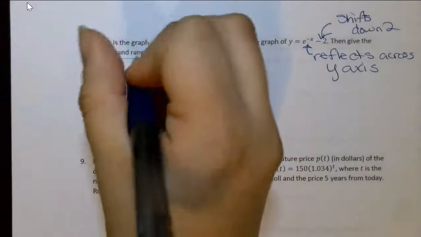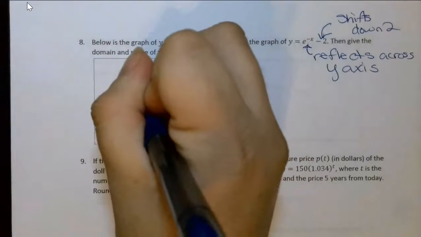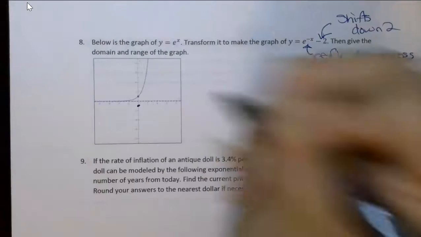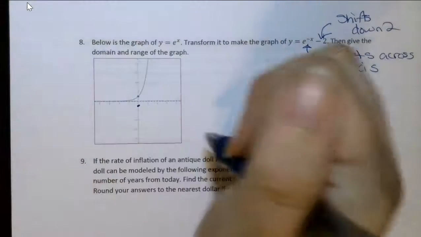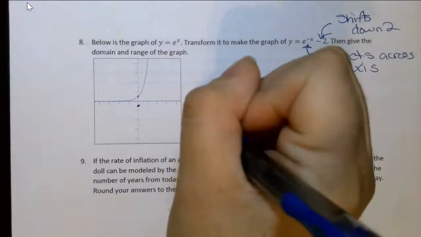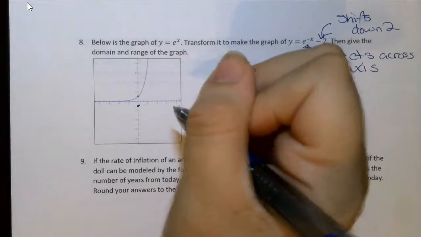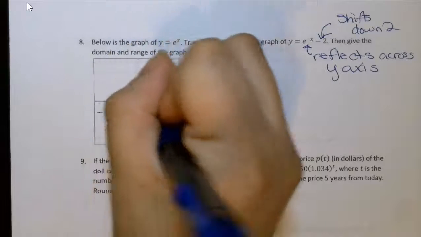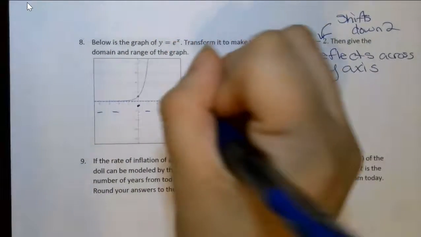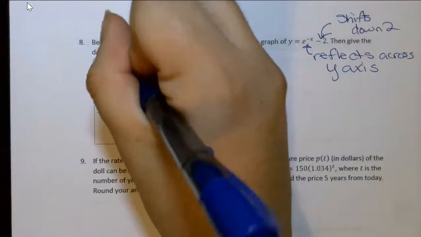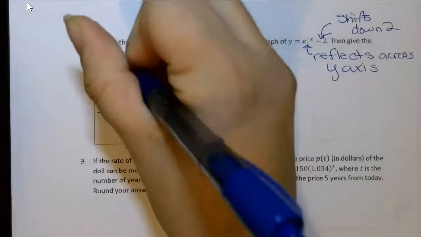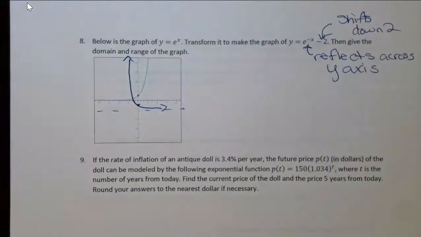This is crossing at 1, so going down 2 would make it cross at -1, and then it just reflects. So instead of having an asymptote at 0, it is going to have an asymptote at -2. And then reflecting across the y-axis makes it look like this.